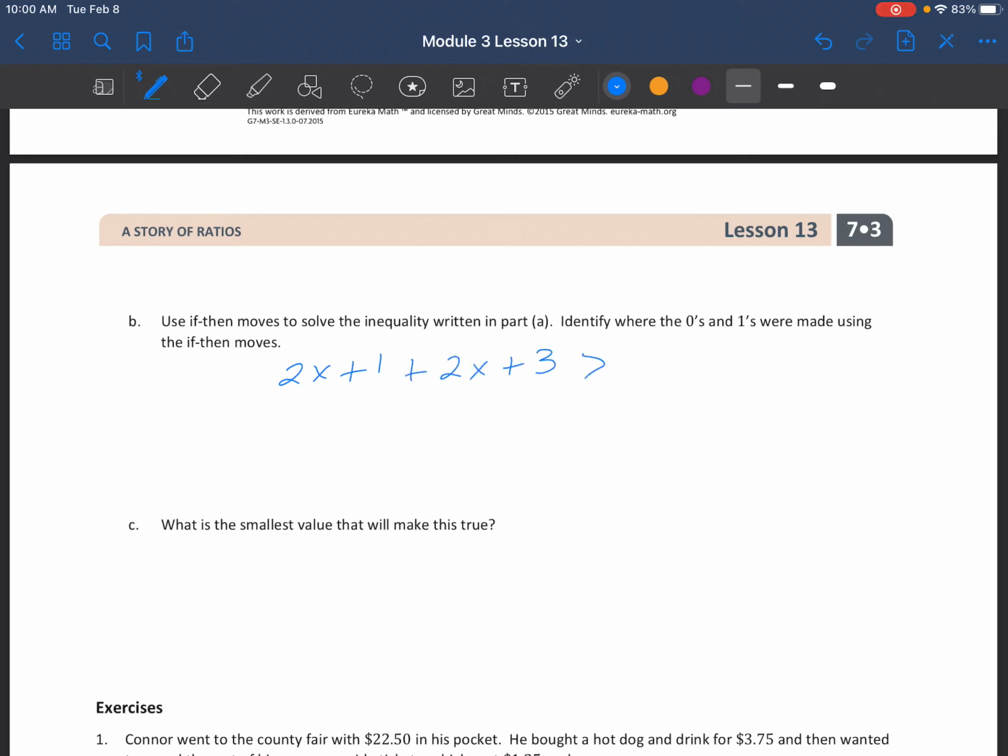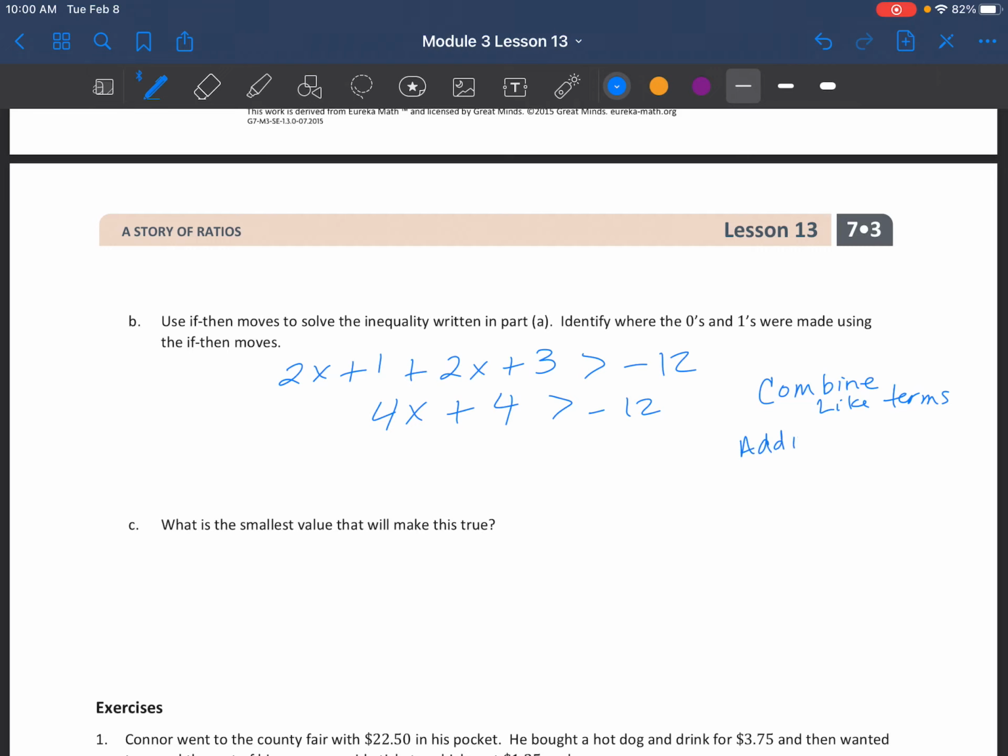So we're going to take our original, the one we just created, which was 2x plus 1 plus 2x plus 3 is greater than negative 12. So the first thing we're going to do is combine like terms. Okay, so I've got two 2x's.